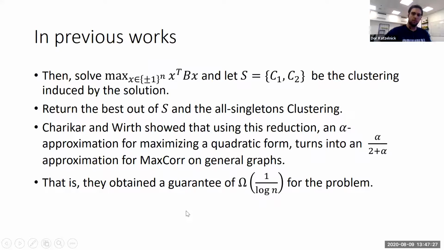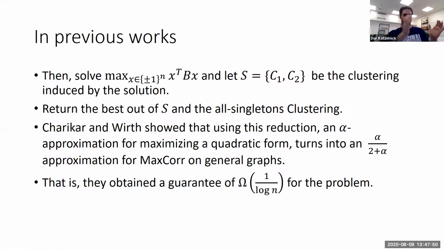So what is the reduction? You build this matrix, and then you solve this quadratic maximization problem. You find this vector x. And then you define the clustering, C1 and C2, to be the clustering that's induced by the solution. So you have a vector x with some 1s and minus 1s.